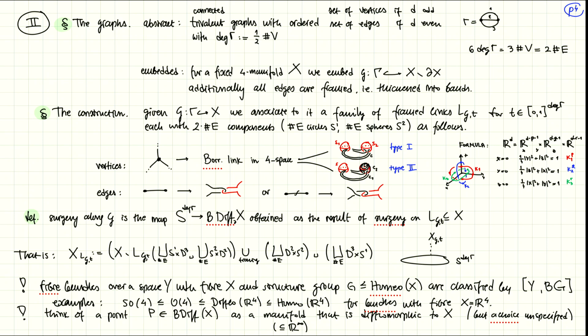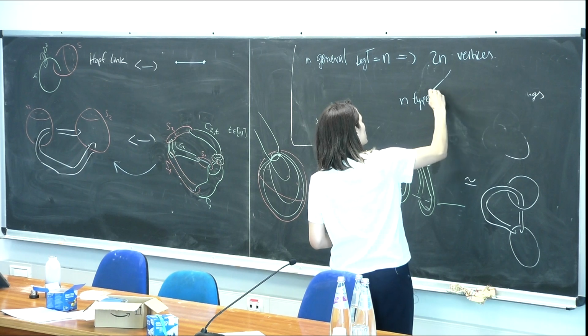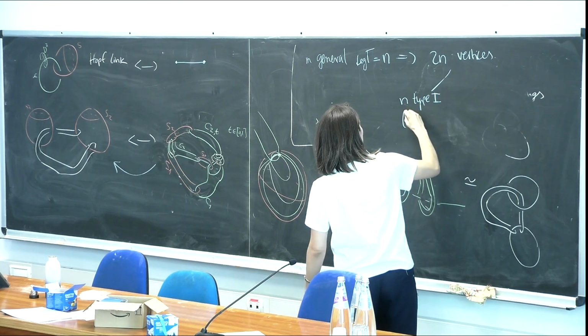if you have a graph gamma of degree n, that means it has 2n trivalent vertices. And then n of them will be type 1, which means just use the standard Borromean rings.